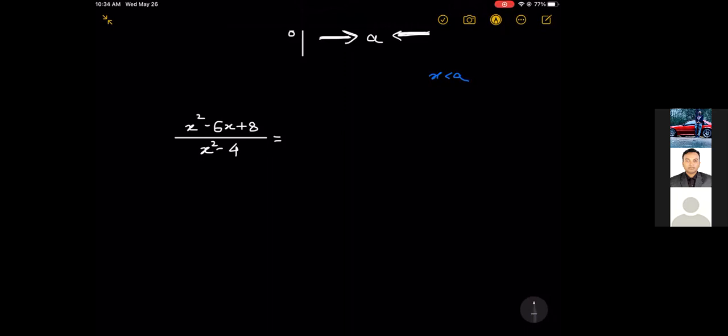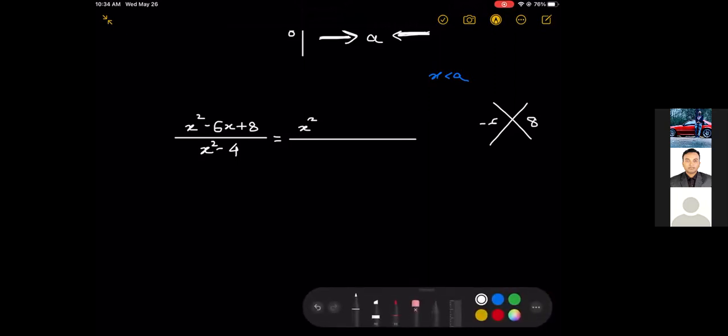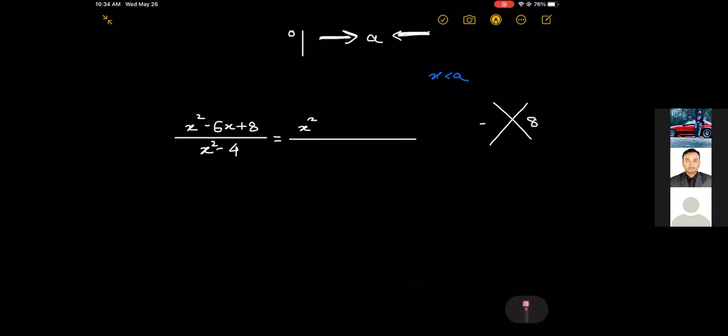How did you get that? When we factorize it, we look at the coefficient of x. If you remember this method, we had minus 6 and we had 8. Our product has to be 8 and our sum has to be minus 6.